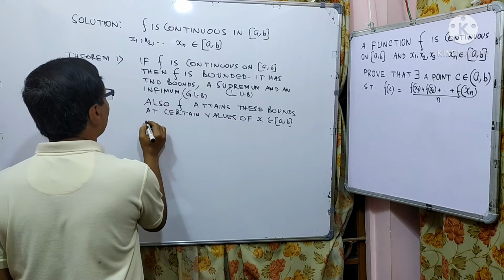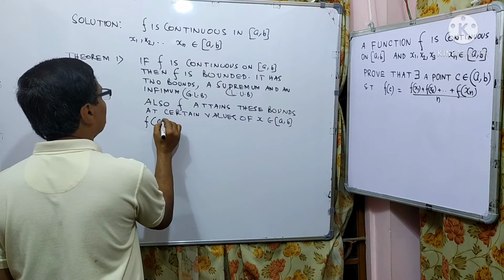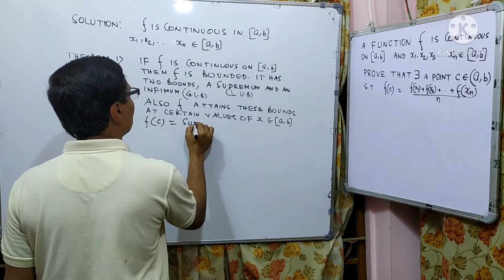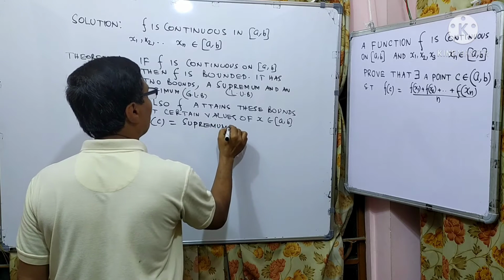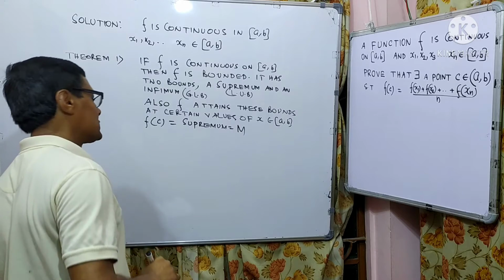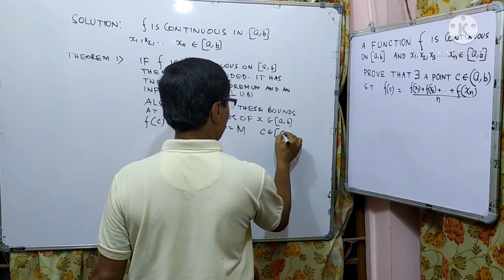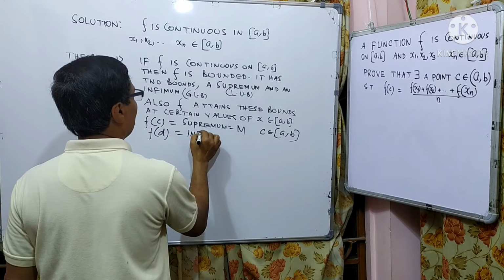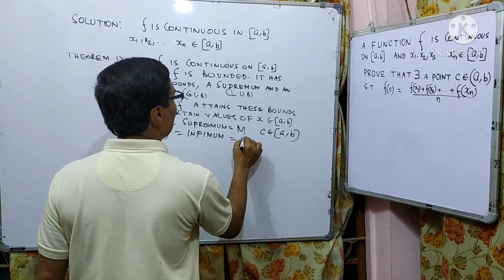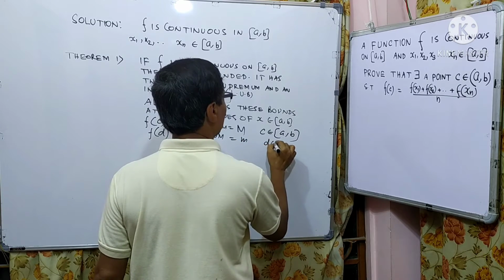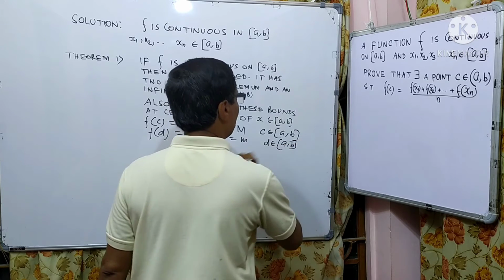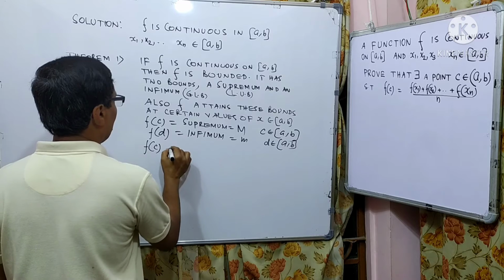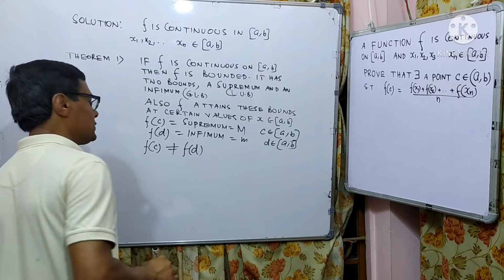That is, f(c) equals the supremum, considered as capital M, where c belongs to the closed interval [a, b], and f(d) equals the infimum, where d also belongs to the closed interval [a, b]. So f(c) is not equal to f(d).